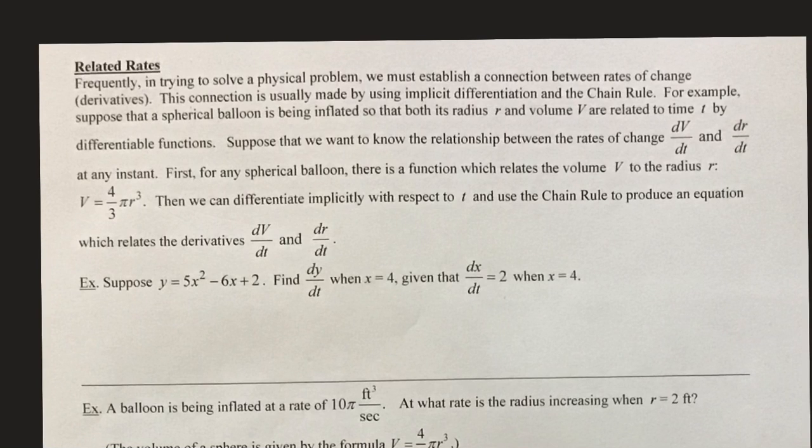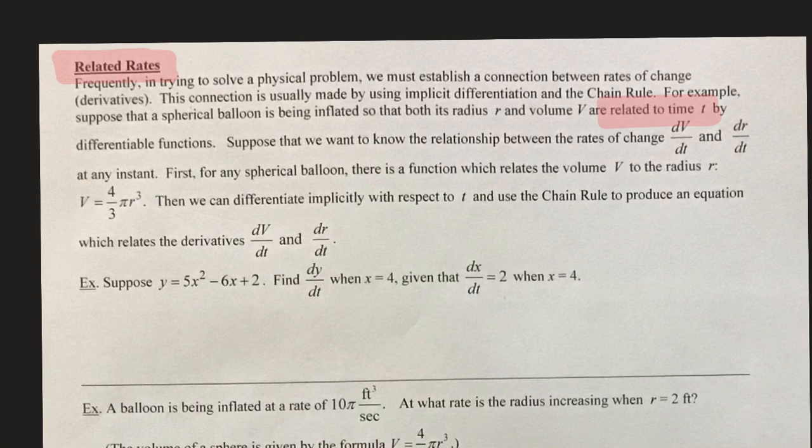Okay, this video is all about related rates. Related rates is an implicit differentiation problem because we are differentiating everything with respect to time. Everything is related to time. Notice that t is not going to be a variable anywhere in your problems.